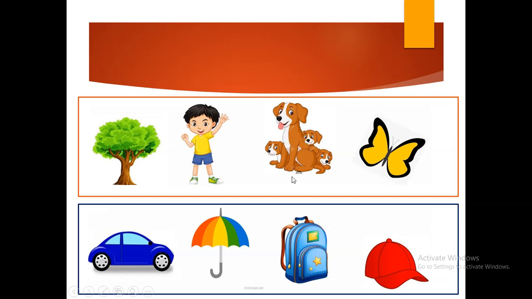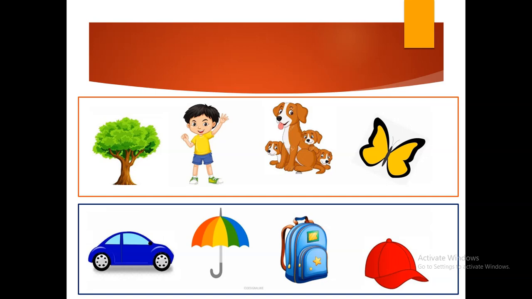So, what traits in common between these things so I can put them in one group? What do they have in common? What traits they have? They are alive.